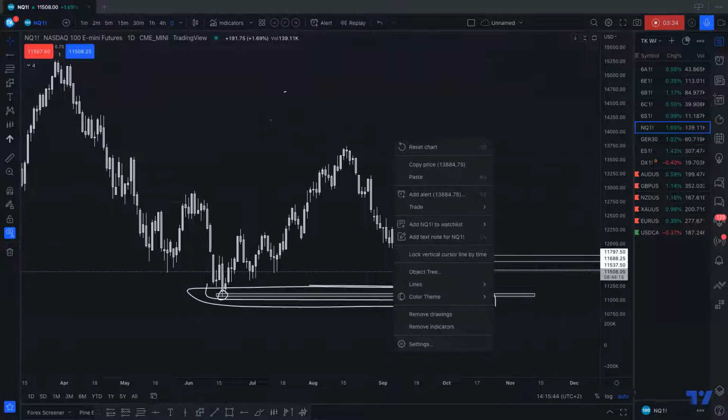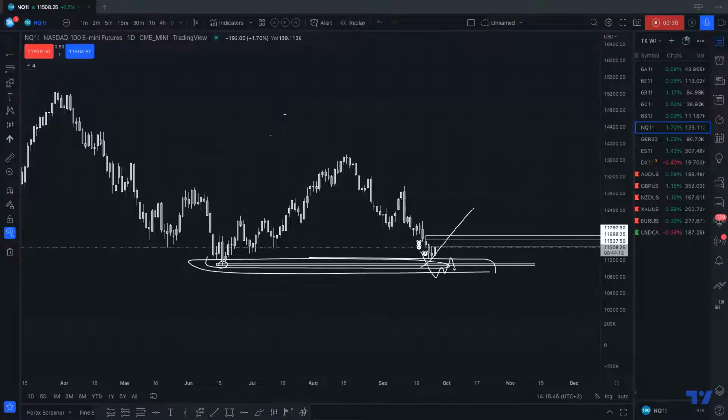So after a strong downtrend, price needs to be slower.